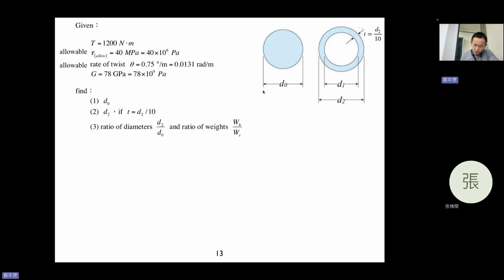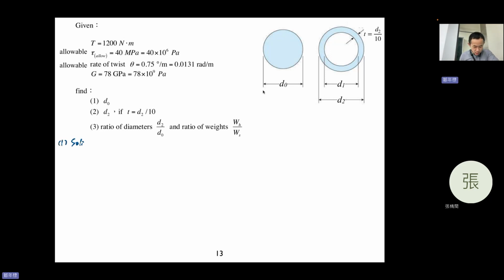Okay, so the third problem is actually telling you how efficient the tube is, how much you can save.